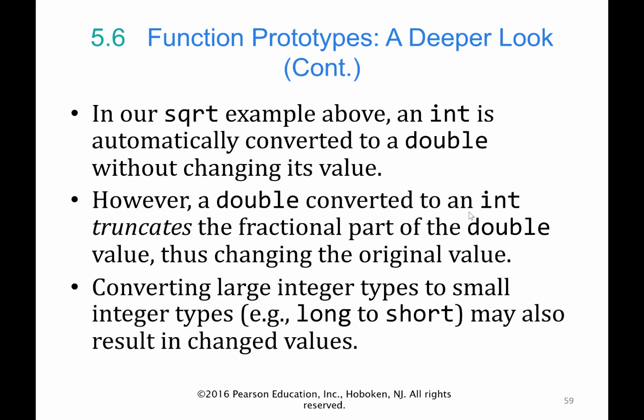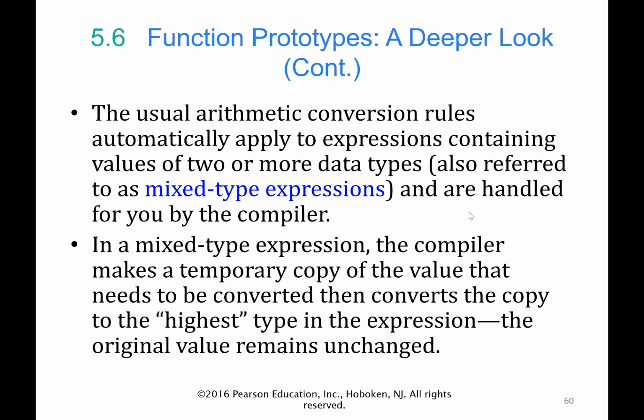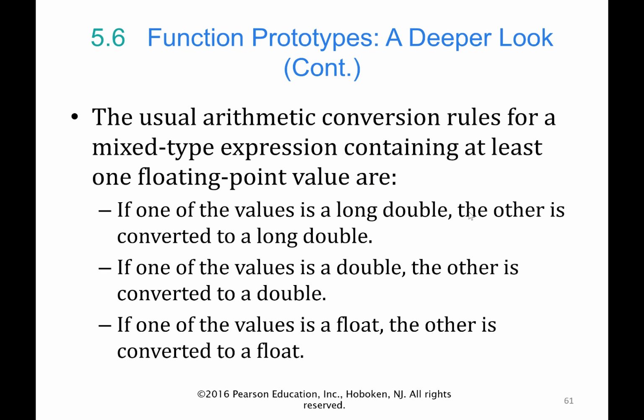It should give you a warning when you compile, but converting large integer types to small integer types also results in changed values. So it may change the value. There are unusual conversion rules, but as a general rule, if you're writing your own functions, keep the types the same.